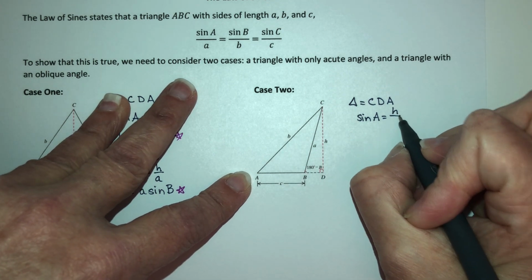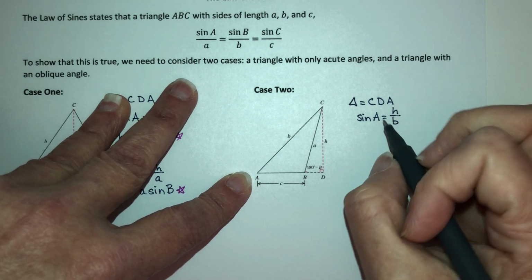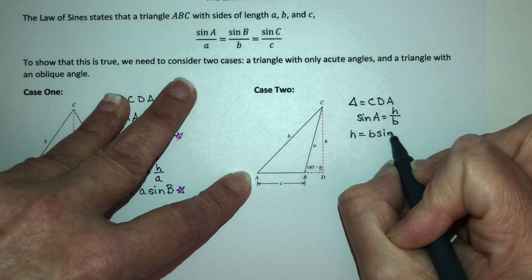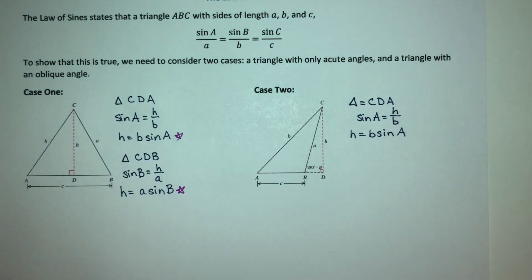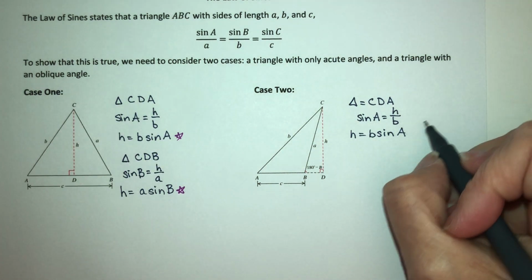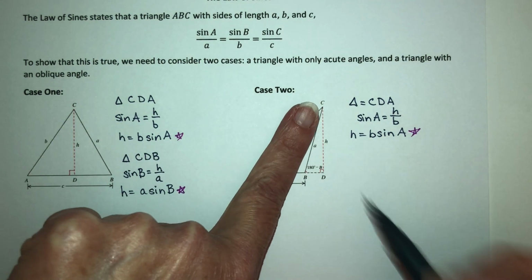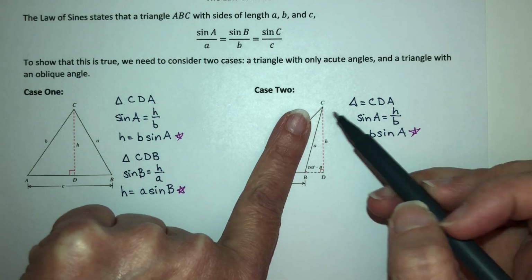So h over b. And that means our h is equal to b sine of A. Okay. Now let's look at this little tiny triangle.